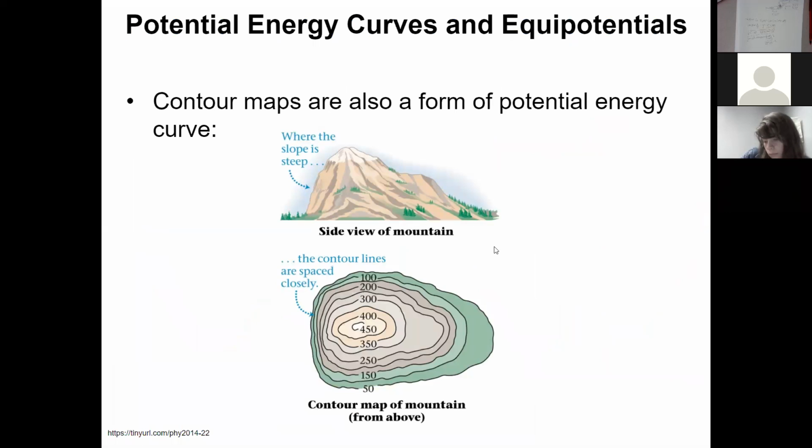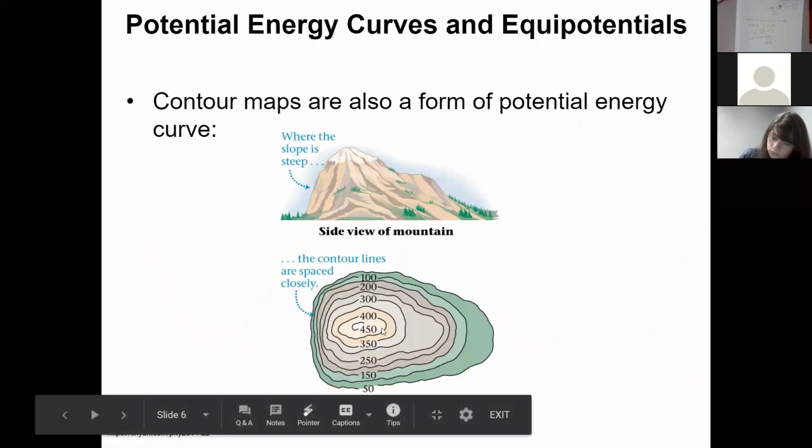Now also, if you are reading a contour map like this, it is actually an indication of the height of this mountain from the top view. So the lines on a contour map indicate the height at a particular point, but they are also the equal potential lines.